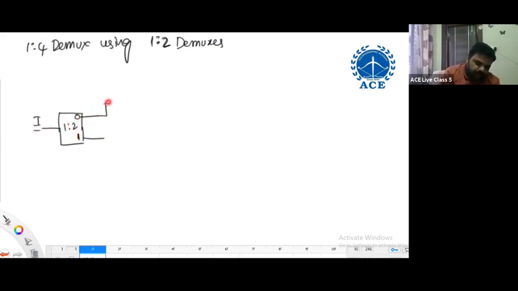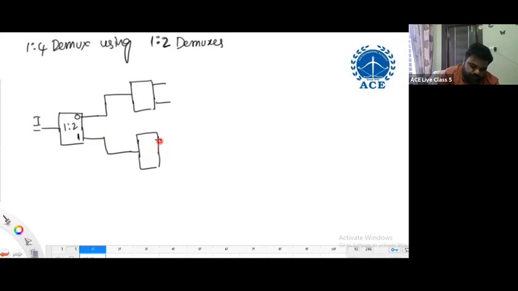And here again demultiplexing using two number of 1:2 demultiplexers. Here it is producing four outputs y0, y1, y2, y3. If I say 0, 1, 0, 1, 1:2, 1:2.